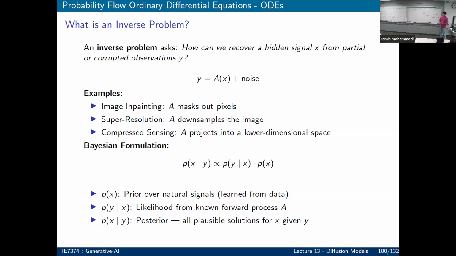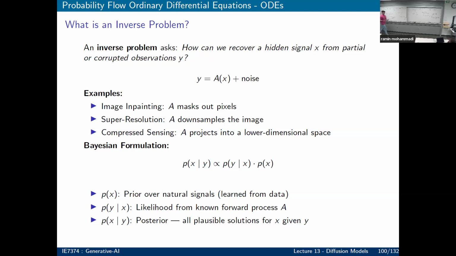Now, the framework that will be used is pretty straightforward. It's Bayesian. Bayesian says that the probability of the real image given the corrupted version comes from the likelihood times the prior.